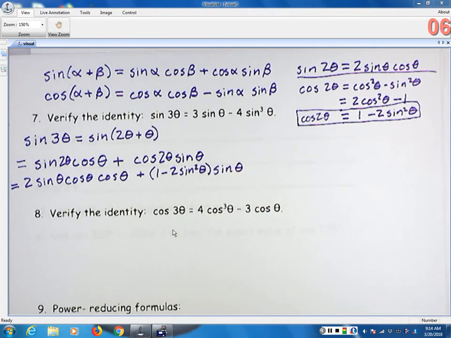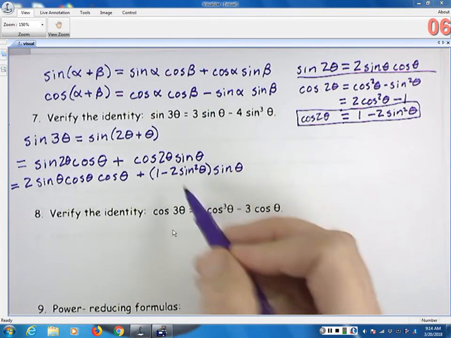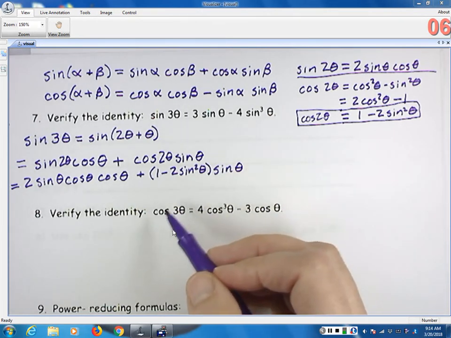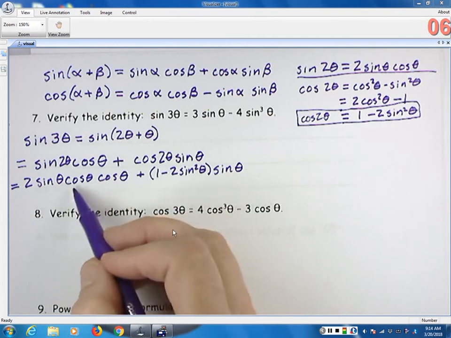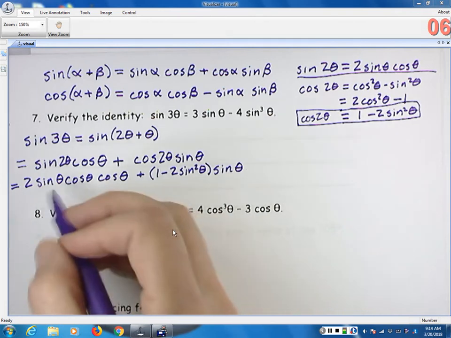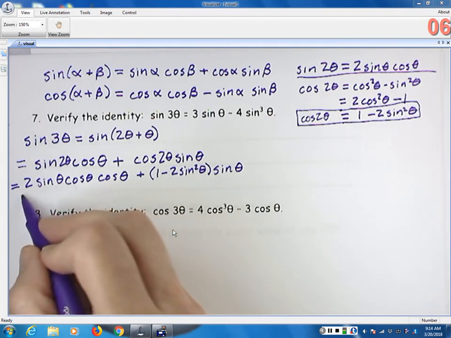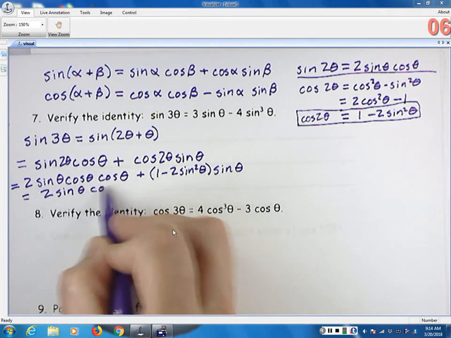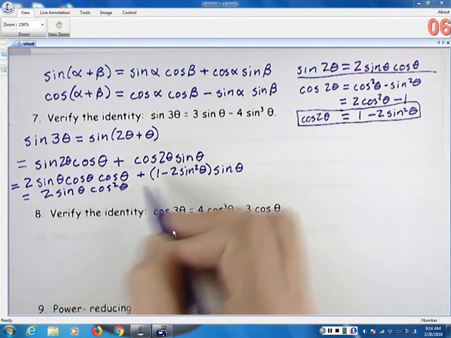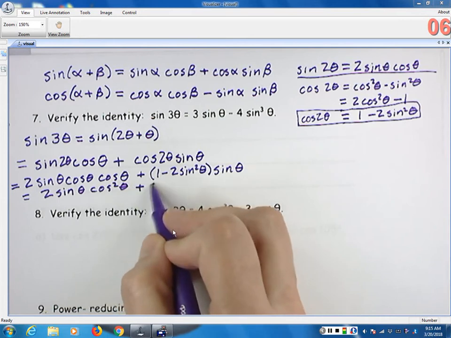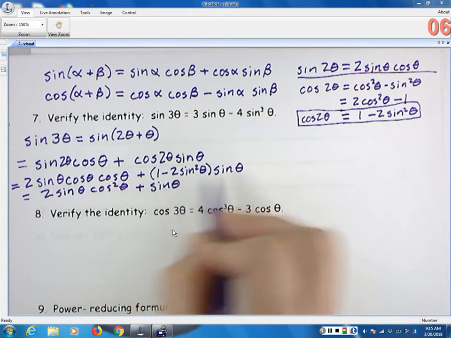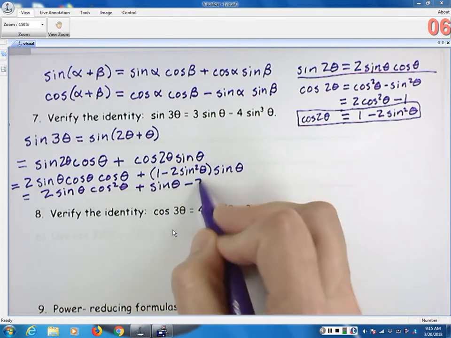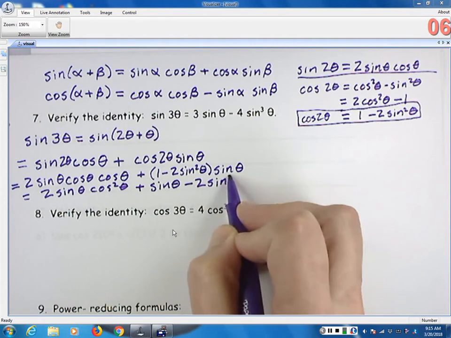All right, now I'm going to distribute and write this as cosine squared. So it equals 2 sine theta cosine squared theta plus sine theta distributing minus 2 sine cubed theta.